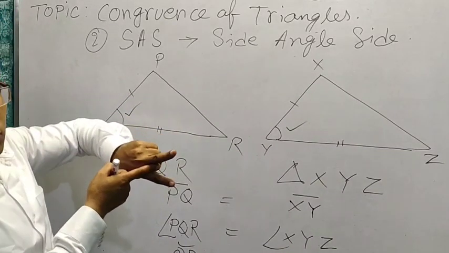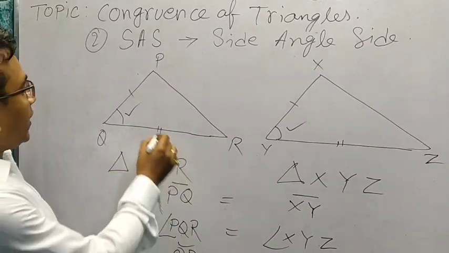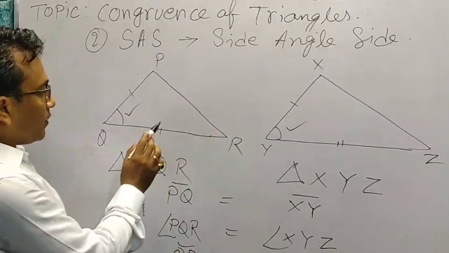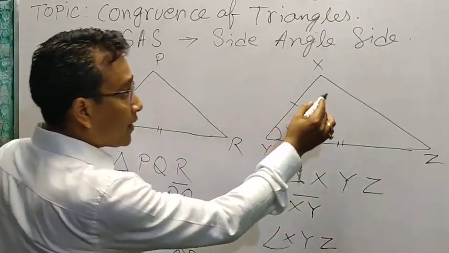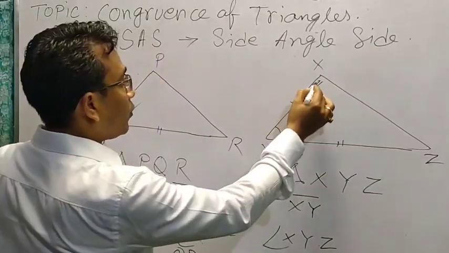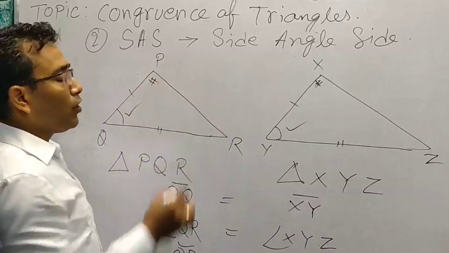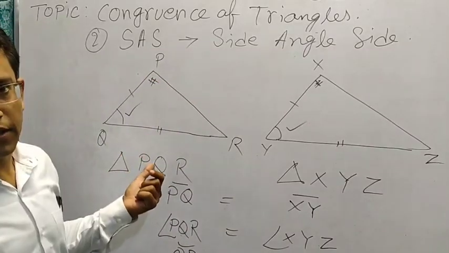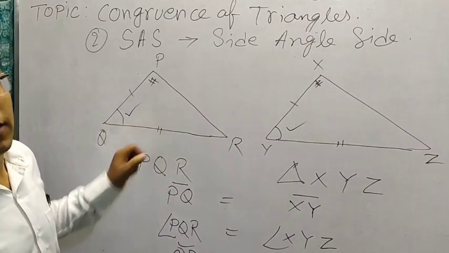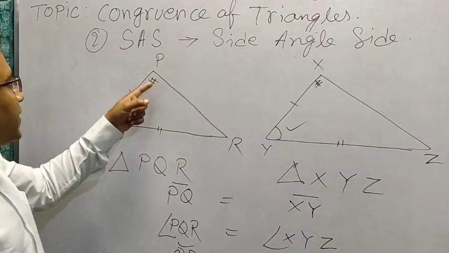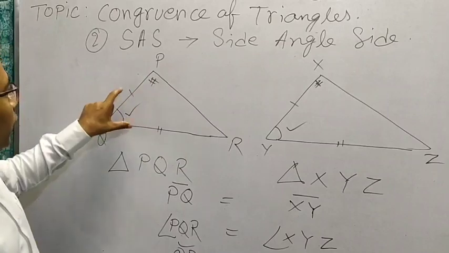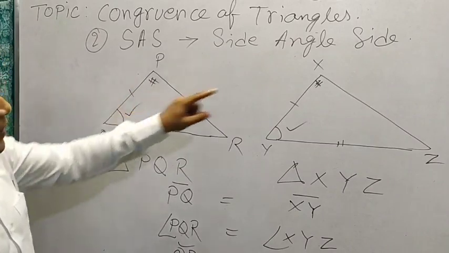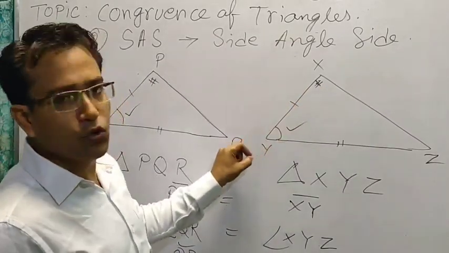Otherwise, no. If we say this side equals this side and this side equals this side, but this angle equals this angle, then this rule will not be proper here. Why? This angle is not included between these two sides.